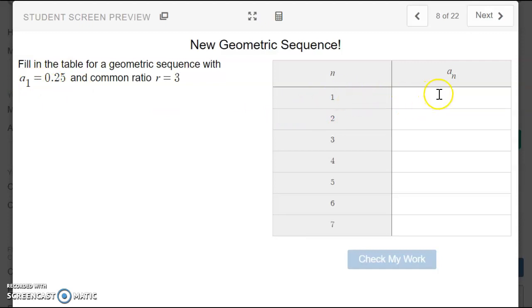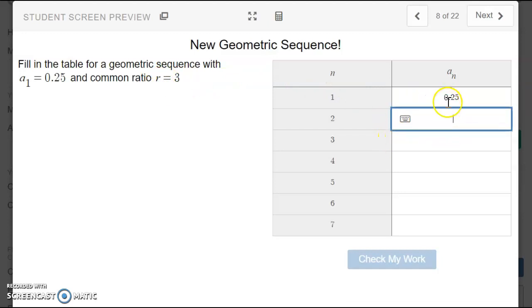So when n is equal to 1, the value here is 0.25. Okay? Oops, I meant to write 0.25. And the common ratio r is 3. That means I am going to multiply the previous number by 3.